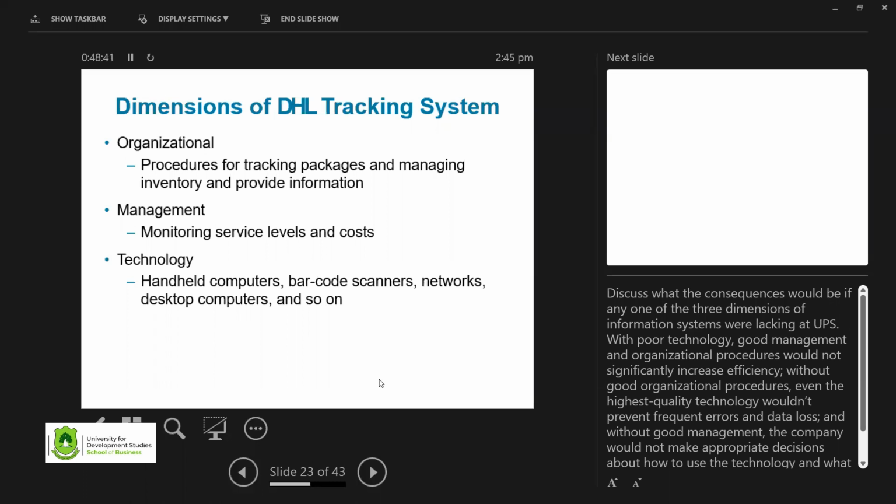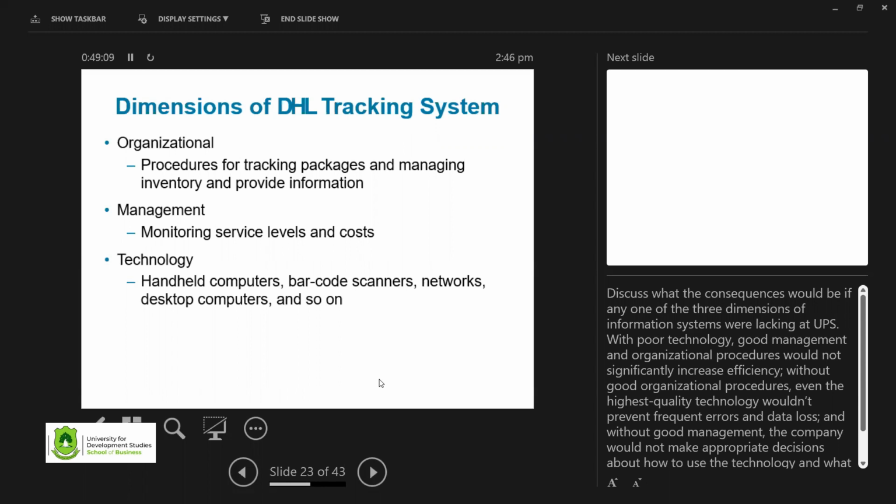So when we are looking at these three perspectives of information systems, we are basically interested in what? In something like this. If you are faced with a case study of this nature in an exam, this is the way you should identify the organizational aspects, the management aspects. You see that the top managers, this is what they are interested in, the service level. How happy are the customers?